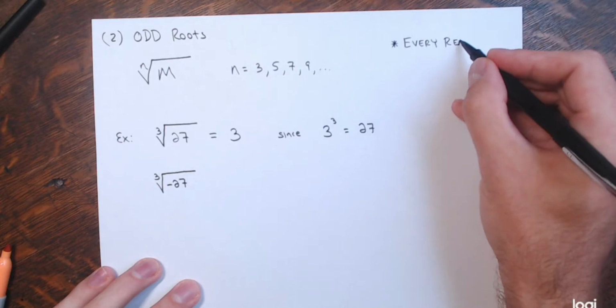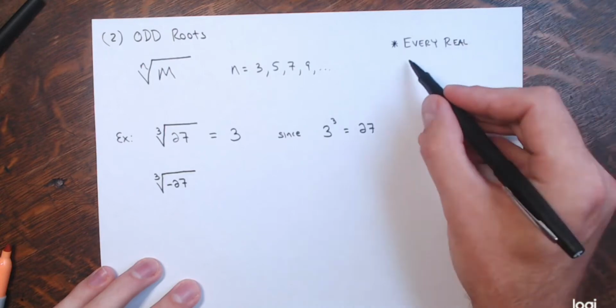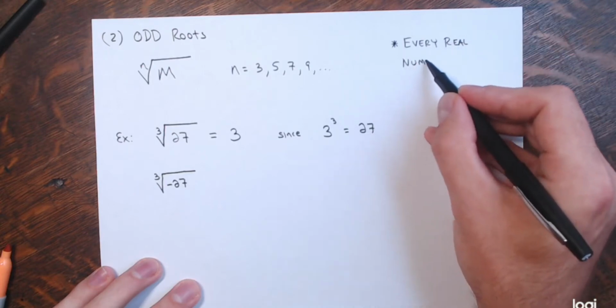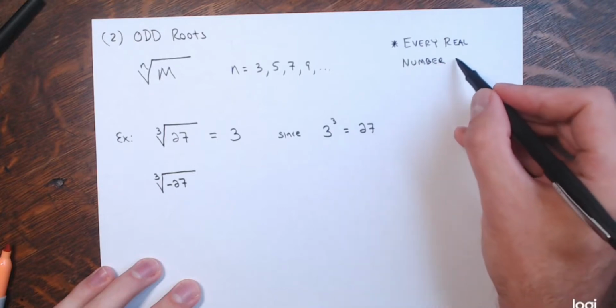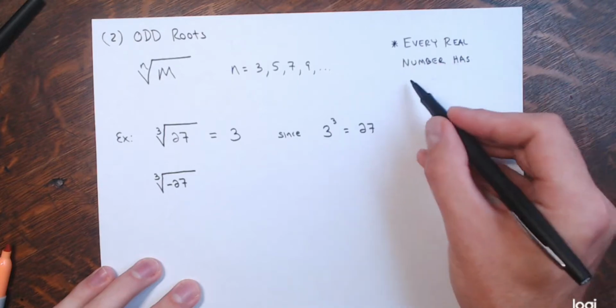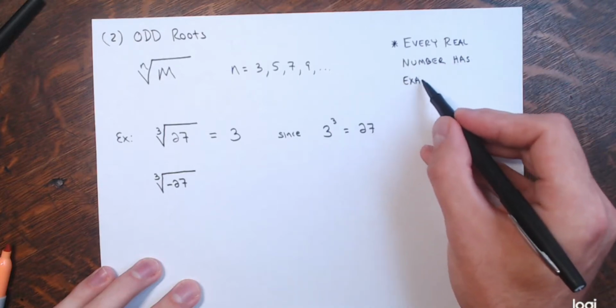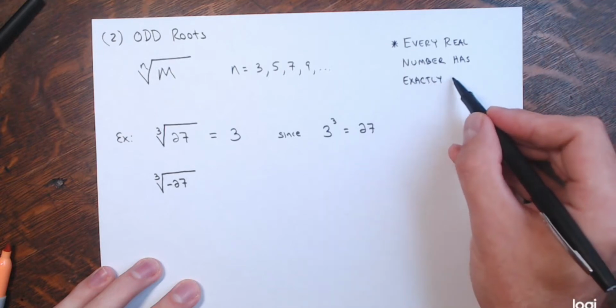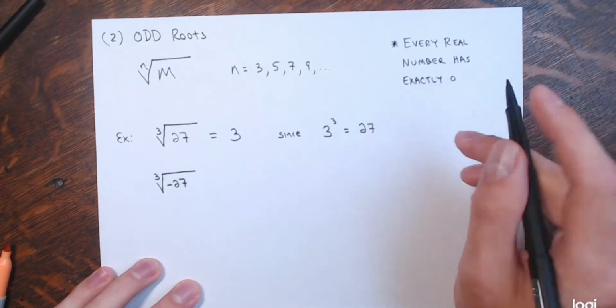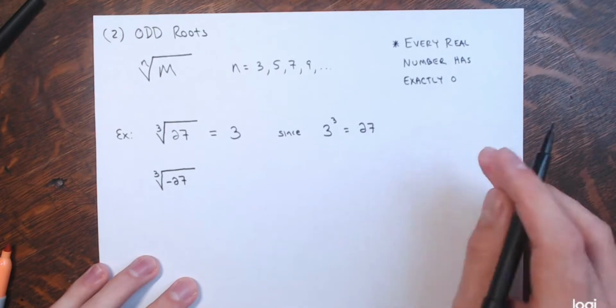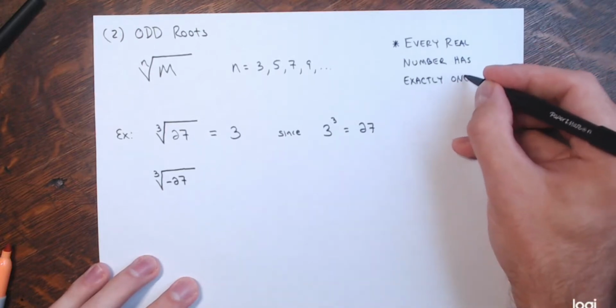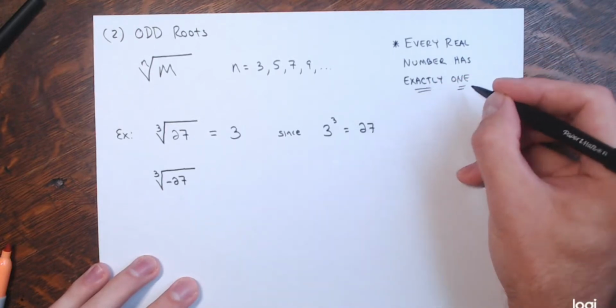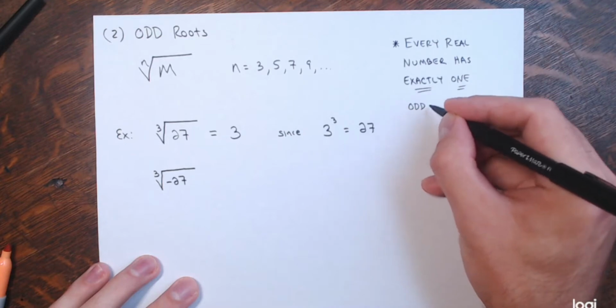So a lot simpler to think about. Not a positive or a negative one like the positive real numbers had with even roots. It has exactly one odd root.